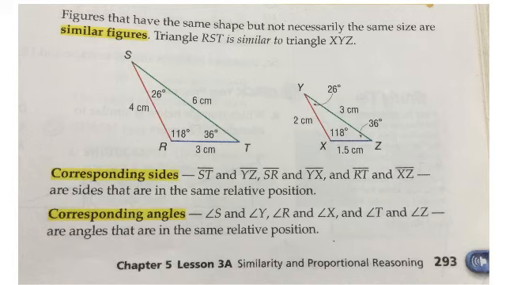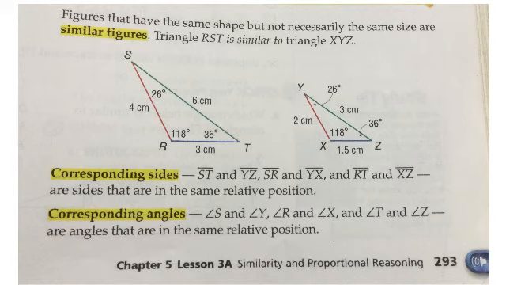So we look right here, we've got triangle RST. Do you know how we name triangles? RST is named by the angles. Does everybody know what an angle is in a triangle? A triangle has three angles. So if I'm looking at triangle RST, I'm going from point R to point S to point T. So that's triangle RST.